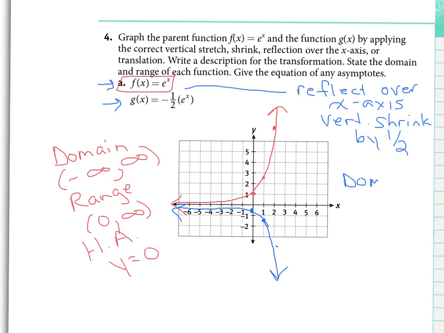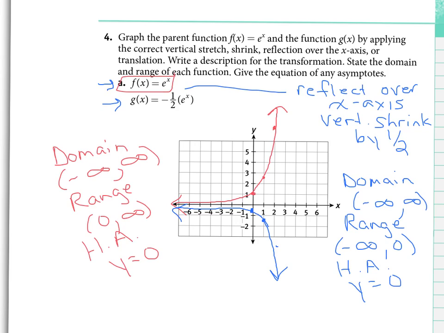The domain is still going to be negative infinity to infinity. The range on this one, since we're below the x-axis, is negative infinity to 0. My horizontal asymptote did not change because we did not transform up or down.